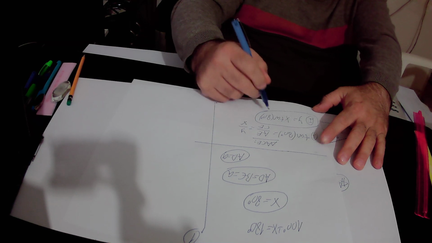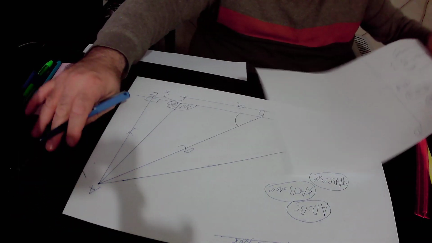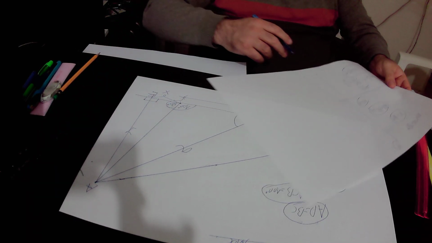We found out that Y, line segment AE, equals X tangent 80 degrees.